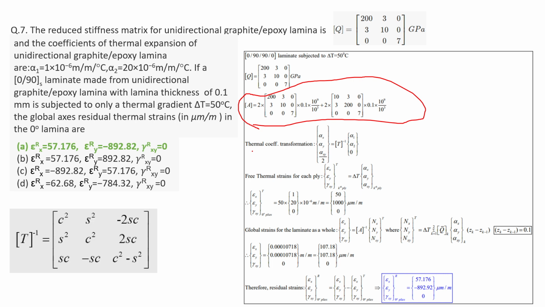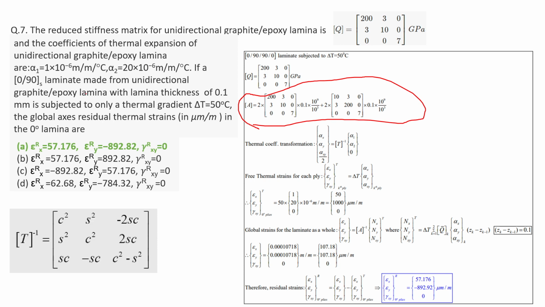Then is the thermal coefficient transformation, because we have to find our final value in terms of global axis. But here for each lamina the alpha value is given in the material axis. So for each lamina we have to convert this material axis to global axis.